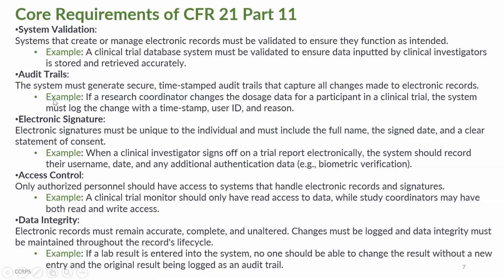Audit trails: the system must generate secure, time-stamped audit trails that capture all changes made to electronic records. Example, if a research coordinator changes the dosage data for a participant in a clinical trial, the system must log the change with a timestamp, user ID, and reason.